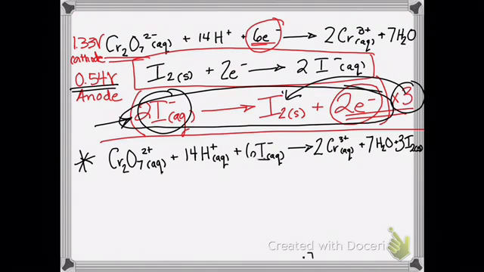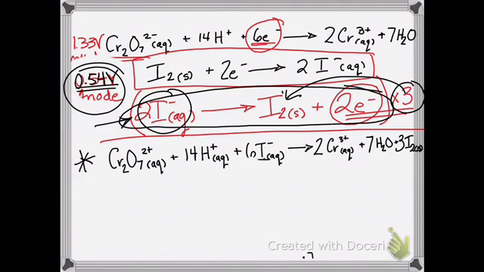All right, now that you finally have everything figured out, remember, we always look for some kind of positive value, but because you had to flip the anode value, this 0.54, because we had to flip the reaction, that value is actually now going to become negative.